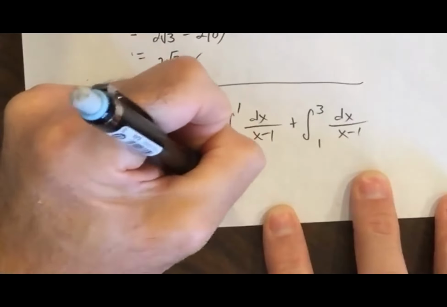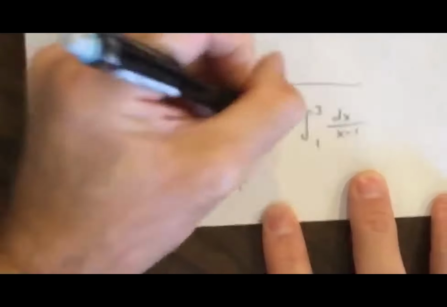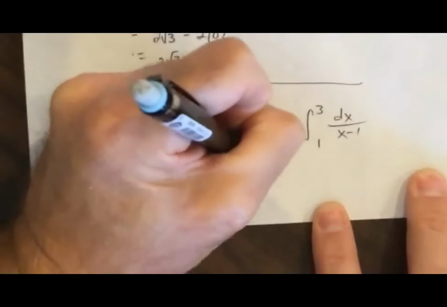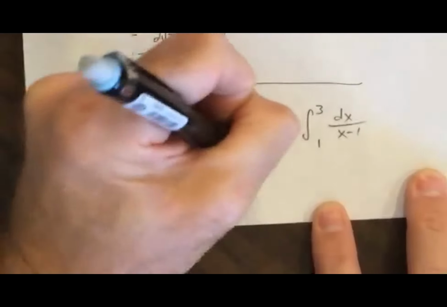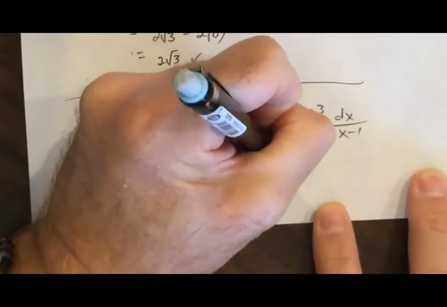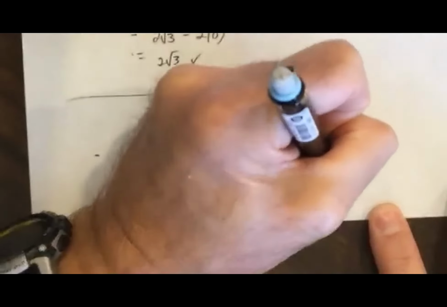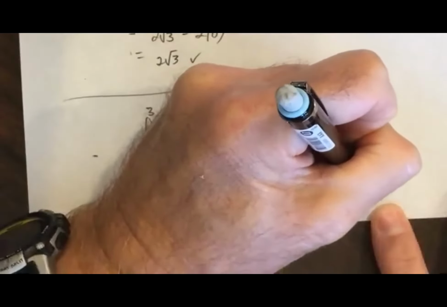So we'd have to write this as a limit as t goes to 1, and then we'd have to say, there's a limit as t goes to 1 from the top side.